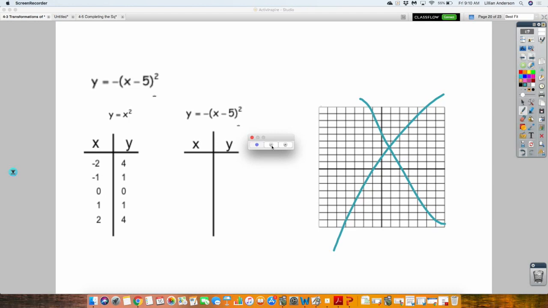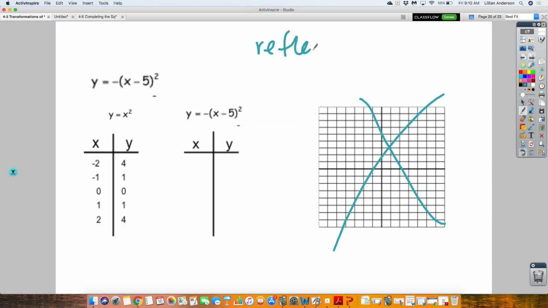So reflection over the x-axis and right 5. Make sure you put x-axis. So what am I going to do to my x's? Add 5. And what I'm going to do to the y's? Multiply by -1. So I'm going to add 5 to all of these x values that are given to me.